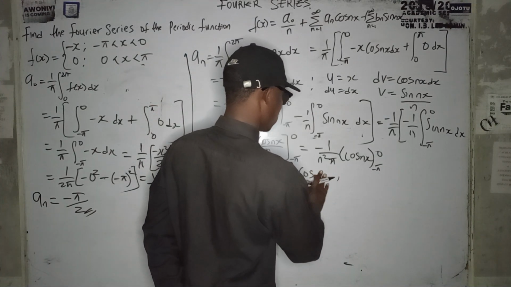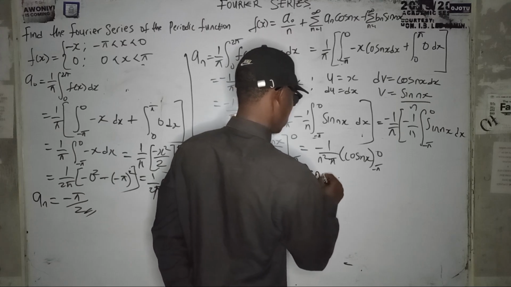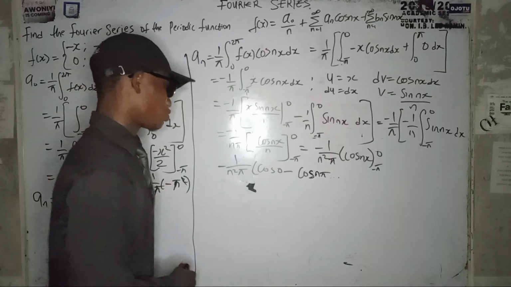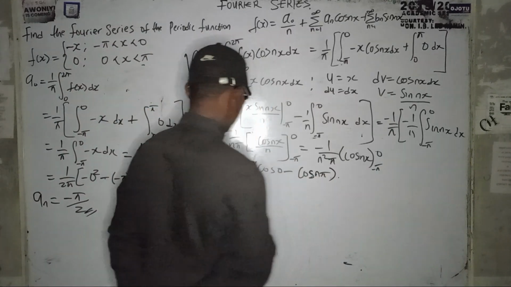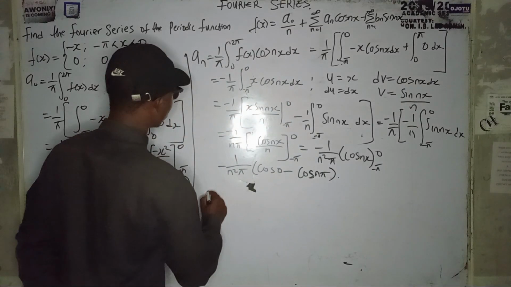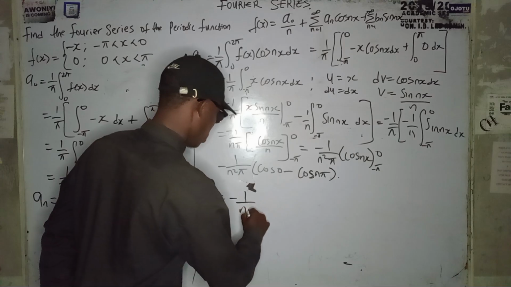So this will just become cos n pi at the end of the day. If we finalize this, this gives us a n, which equals minus 1 over n pi.